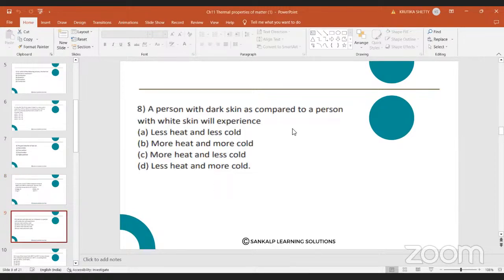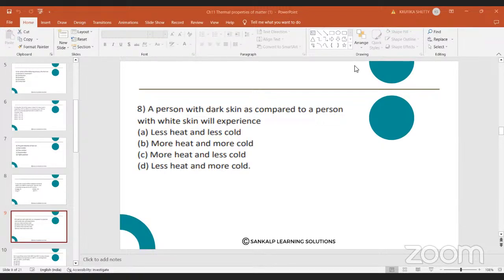A person with dark skin as compared to a person with white skin will experience less heat and less cold, more heat and more cold, more heat and less cold, less heat and more cold. A, B, C, D. It is option B. Yes.